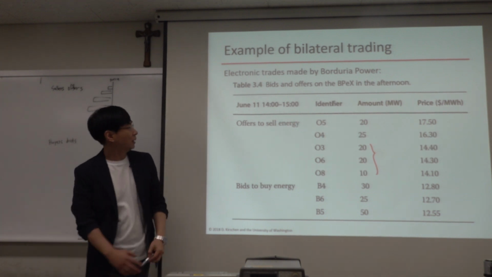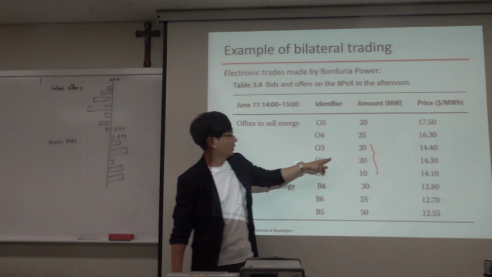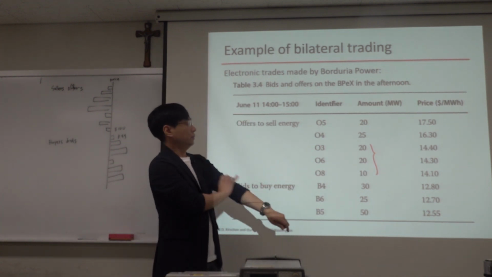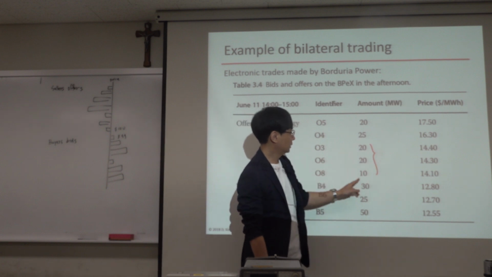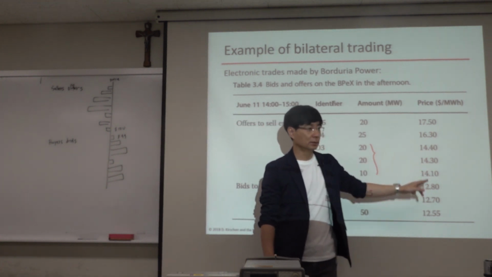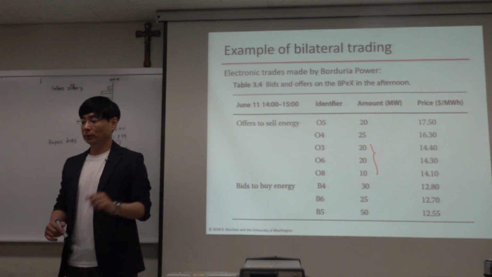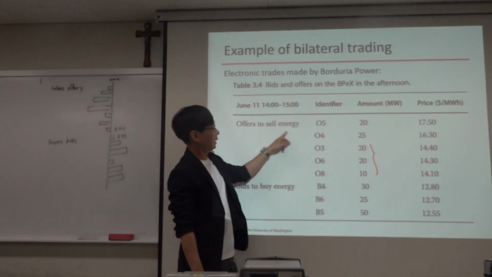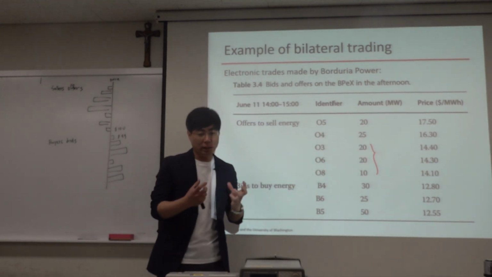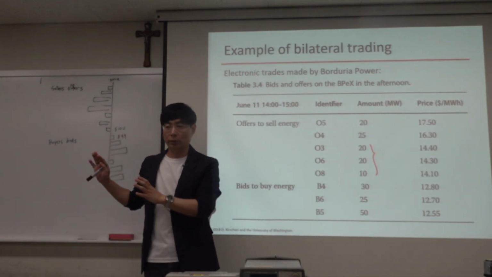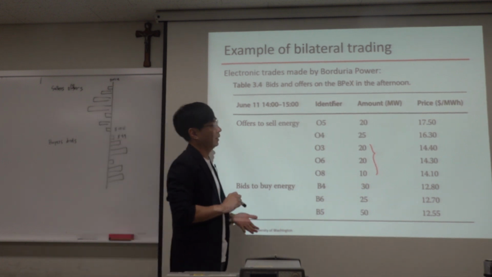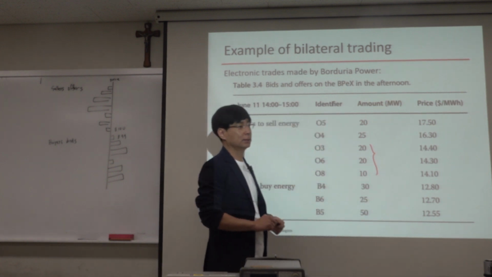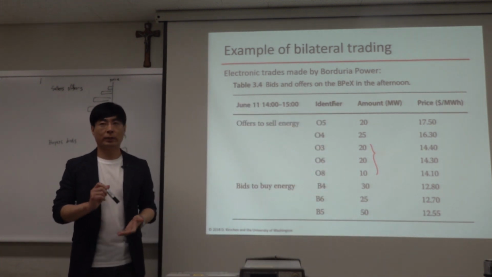She found that 50 megawatt is in short, and that no other sellers offer it at this price, so she decides to grab this offer. Because they are selling this energy, she buys it and sells it again to fulfill her requirement. Her anticipation is that this price would be lower than the spot market price. You see what I'm saying?